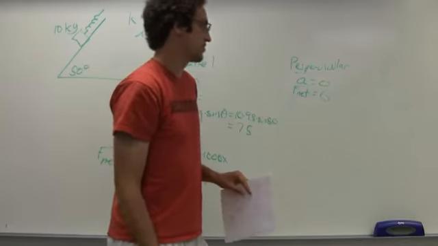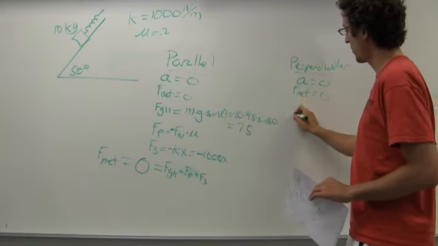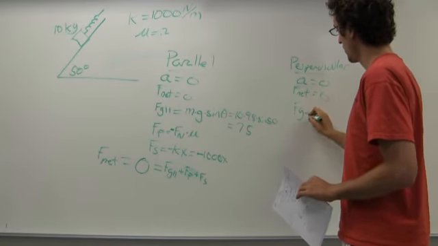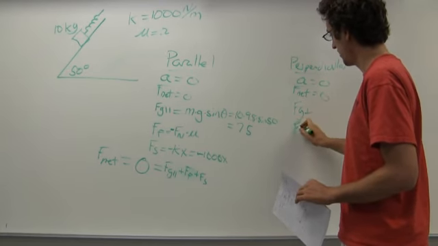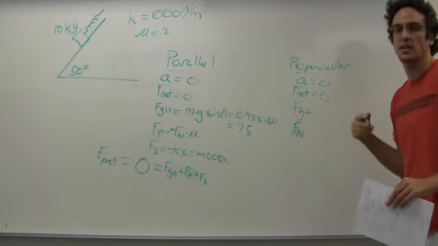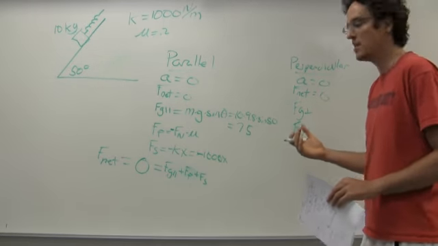So let's look at our perpendicular forces. F net is 0, and again we have Fg perpendicular and the normal force. That should be it. Because they're the only two forces and the net force is 0, they must be equal.